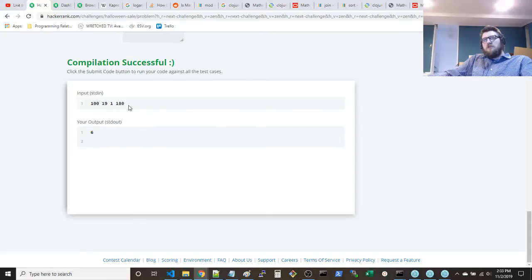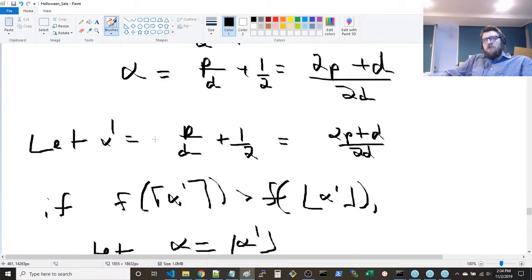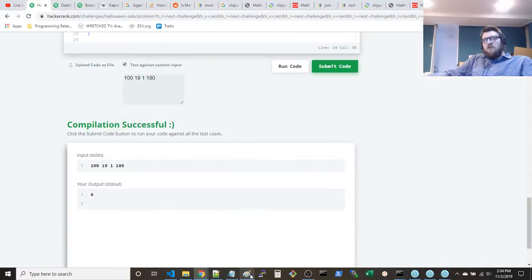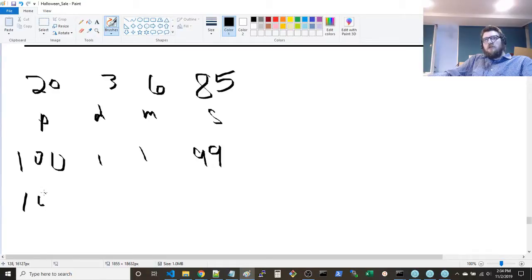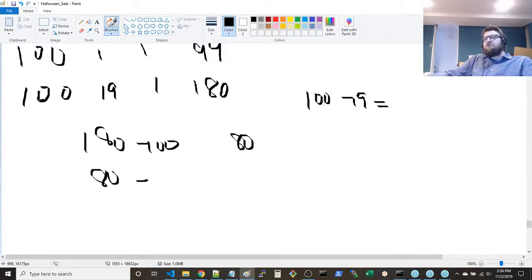What were we supposed to get with this? Doesn't tell me what the output would be. I can do it by hand to find out. 119 1 180. This should be 180 minus 100, which is 80, and then 80 minus 100 minus 19 is 81, I think.